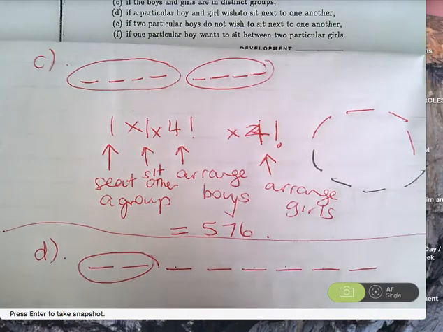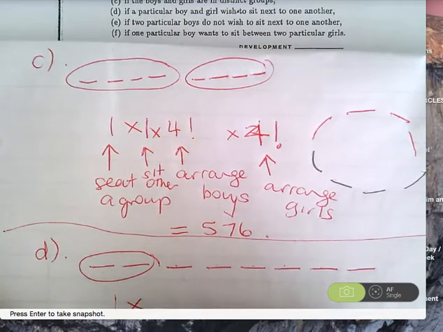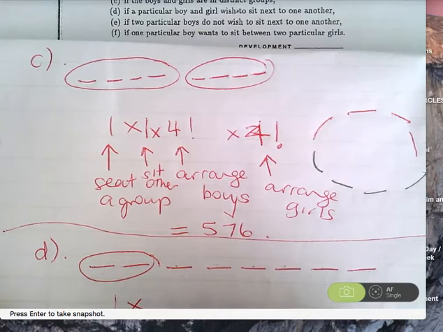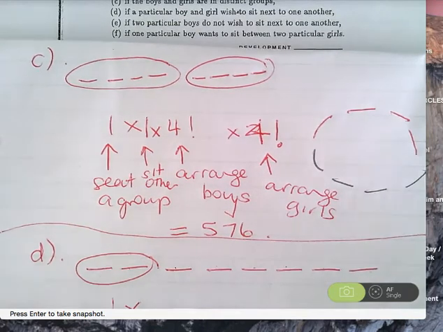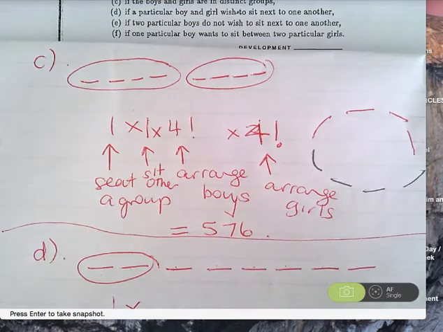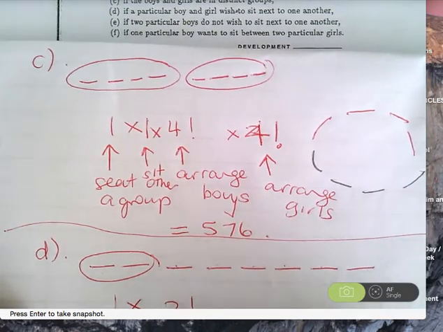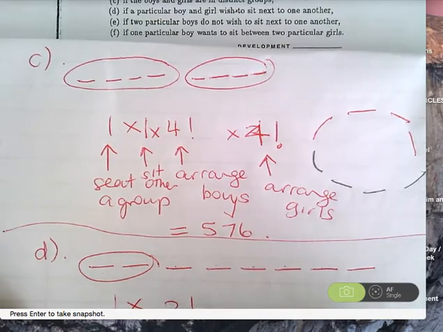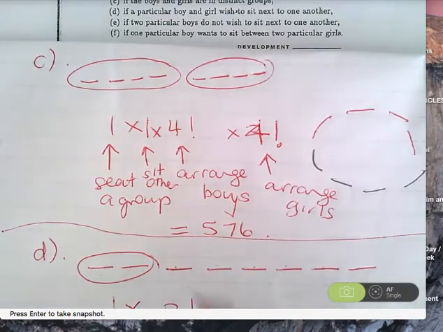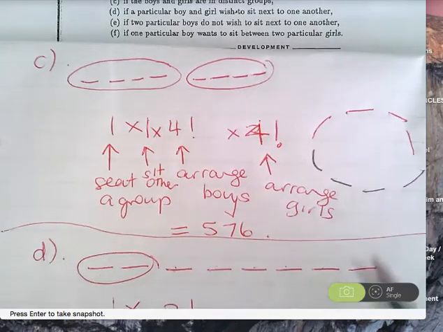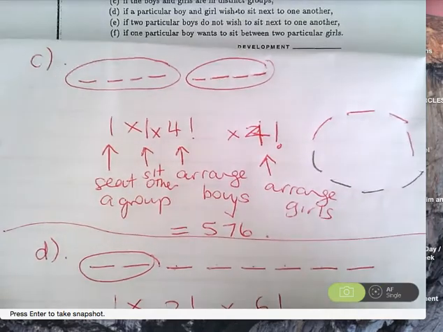So 1 times sit the boy and girl. They'll be down first. Do you know why I'm dealing with them first? Because they're the restriction. Now, can't you arrange them 2 ways? So we arrange the boy and the girl. And how many spots are left on the table? 1, 2, 3, 4, 5, 6. So times 6 factorial.